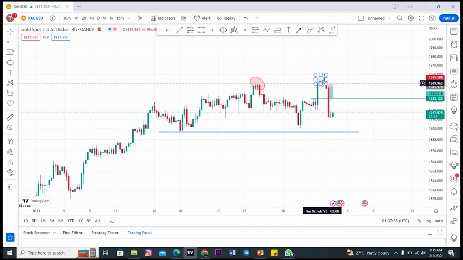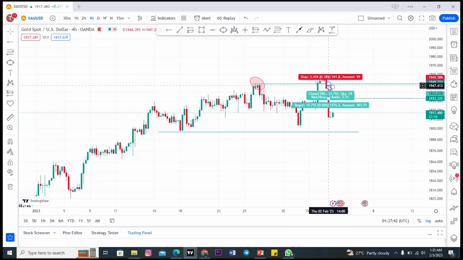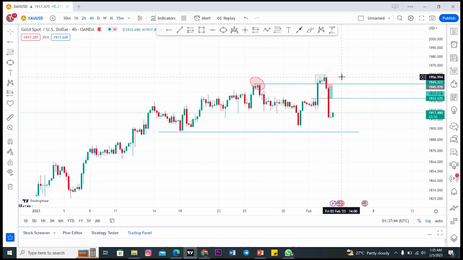If price may fall, we will get to know because there will be a rejection candle presenting to us that price wants to resist or reject the resistance level and push a little bit to the downside.